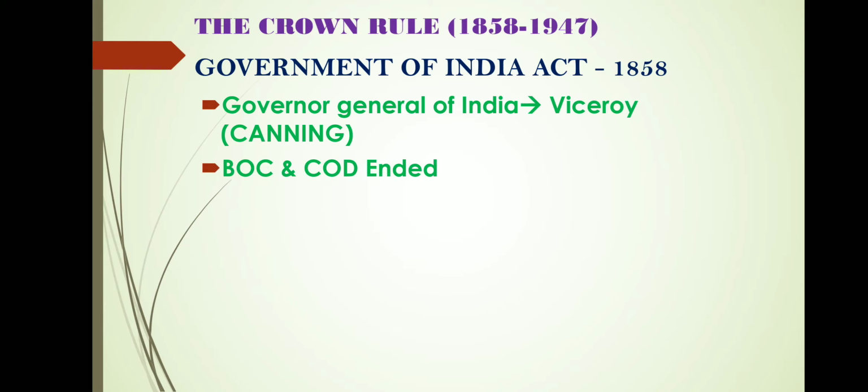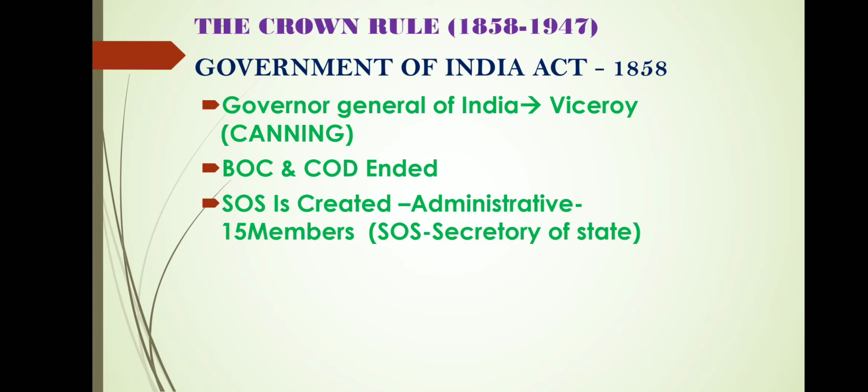So next, the Board of Control and Court of Directors are there, no? So both of these were ended. It ended the system of double government by abolishing the Board of Control and also the Court of Directors. In this place, the SOS was created.